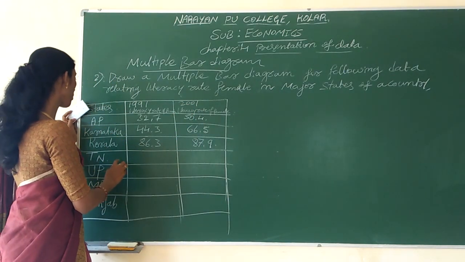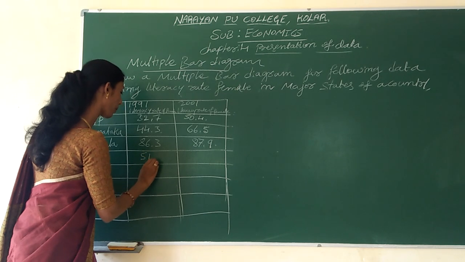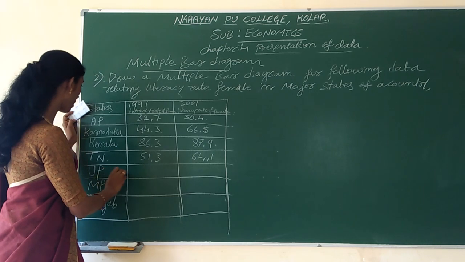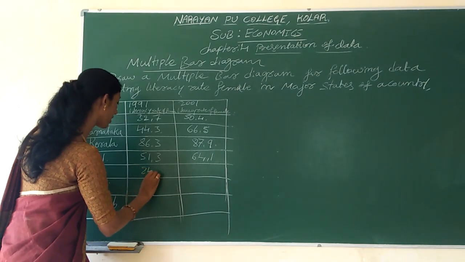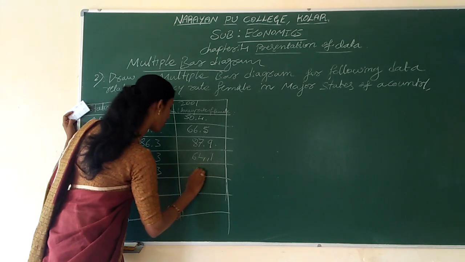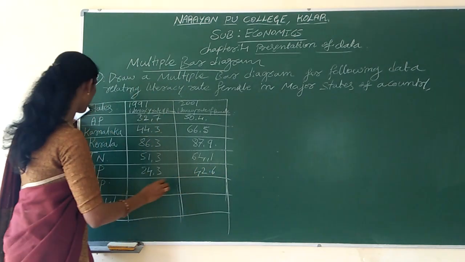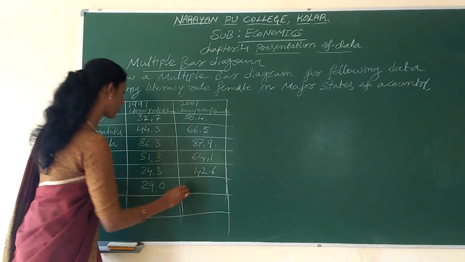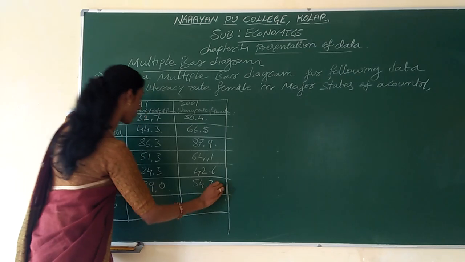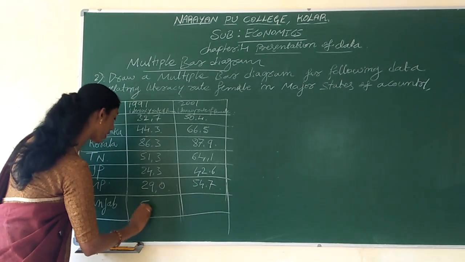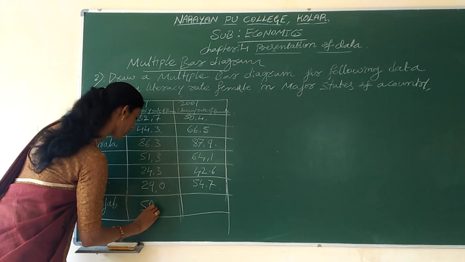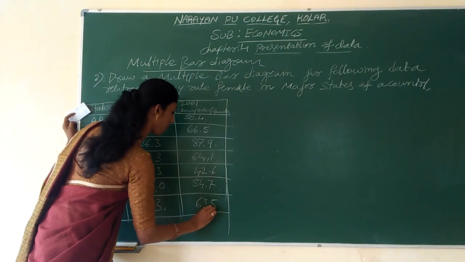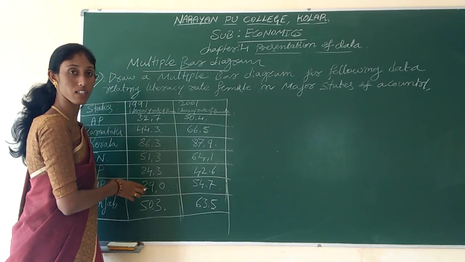In Tamil Nadu, 51.3 and 64.1. In Uttar Pradesh, 24.3 and 42.6. In Madhya Pradesh, 29.0 and 54.7. In Punjab, 50.3 and 63.5. This is the data they have given in the question.